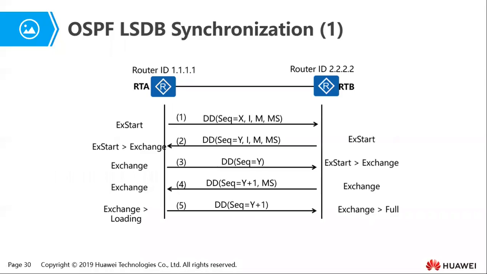Now let's look at the LSDB synchronization process. After establishing the neighbor relationship, you can proceed to achieve the other states. You remember in neighbor relationship, we had talked of the down state, the init state, and the last one, two-way, right? Exactly, two-way.